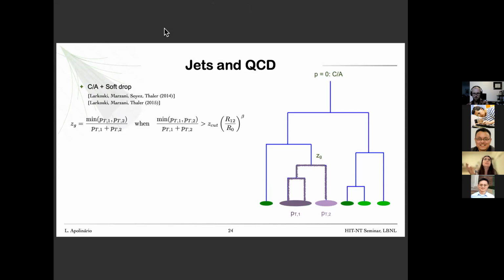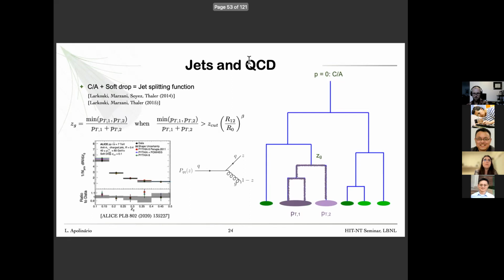So I need to clean these soft contaminations, and usually this is accomplished by applying a soft drop procedure in which I discard branches that do not fulfill this condition. When I apply this, I can nicely recover the expected behavior of the QCD splitting function.